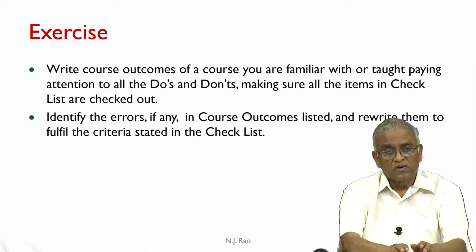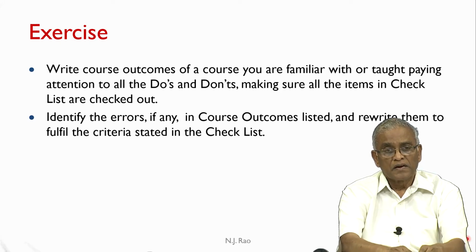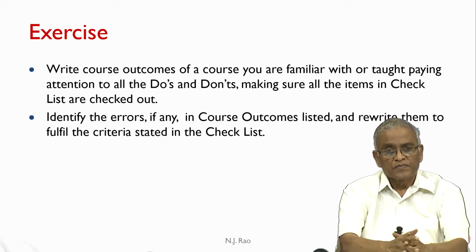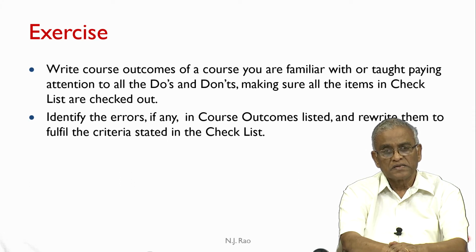Once you do that, you can do this jointly with some colleague of yours, or otherwise it is generally good to discuss with somebody else, and we will continue whatever you have written in the next unit by tagging them appropriately, and also identify the errors, if any, in course outcomes listed and rewrite them to fulfill the criteria stated in the checklist.